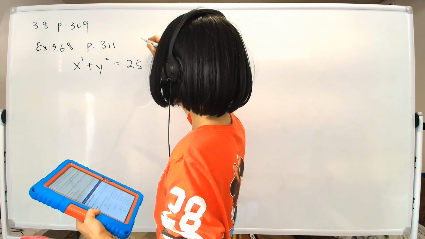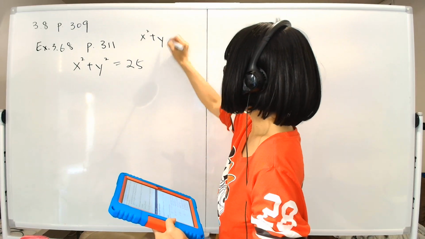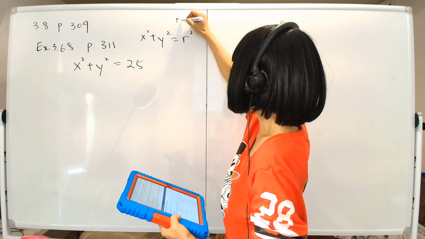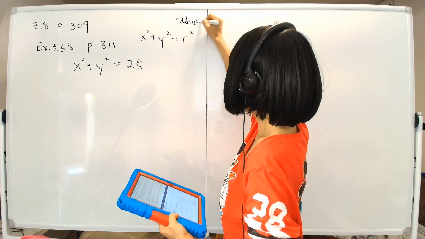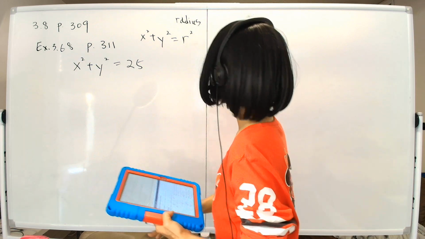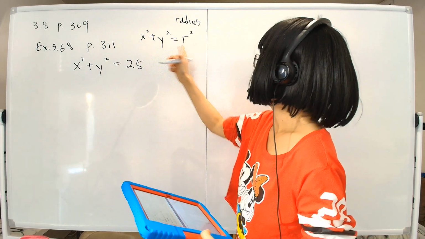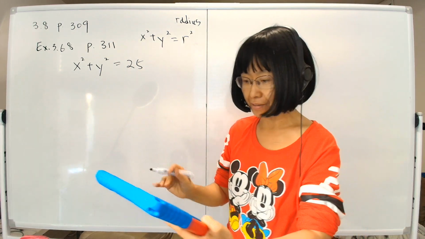That is a circle, where I'll write down the circle formula: x squared plus y squared equals r squared, where r is the radius. R-A-D-I-U-S. Yeah, that spells radius. I hope you can understand it. Anyway, this is a circle with a radius of 5 units.